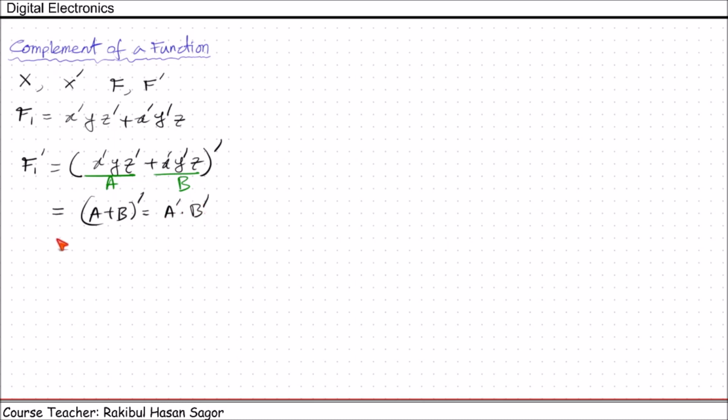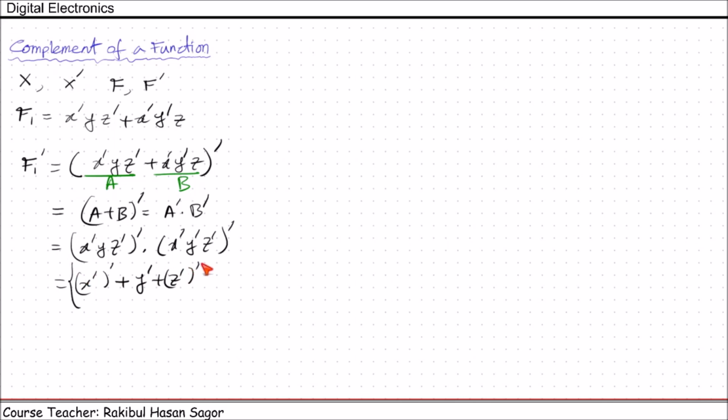So we can write x prime y z prime whole prime into x prime y prime z whole prime. Now if we apply De Morgan's theorem again here, as they are multiplied, we can write x prime prime plus y prime plus z prime prime.